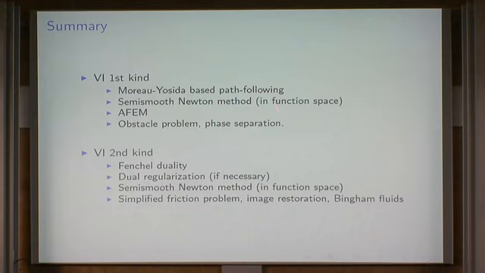Okay, so I think I more or less gave you a summary already, but let's just quickly go through this because there was lots of material. There are many ways to solve variational inequalities. I gave you one particular angle, using this Moreau-Yoshida-based path following. So we use it whenever we don't get Newton-type theory right away, but we need to regularize in order to get function space methods.